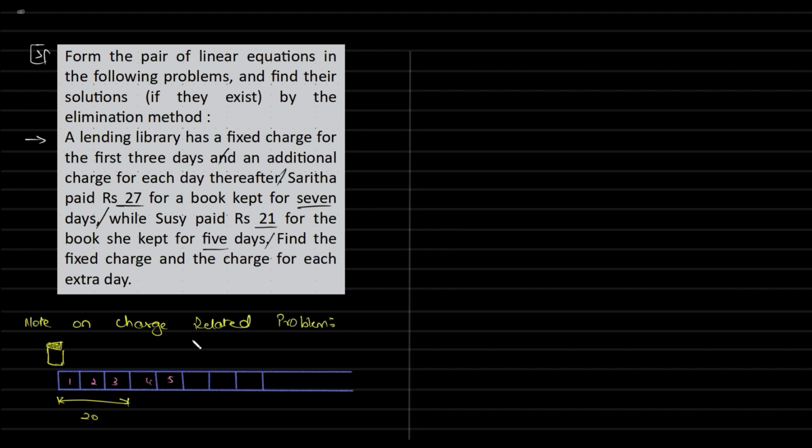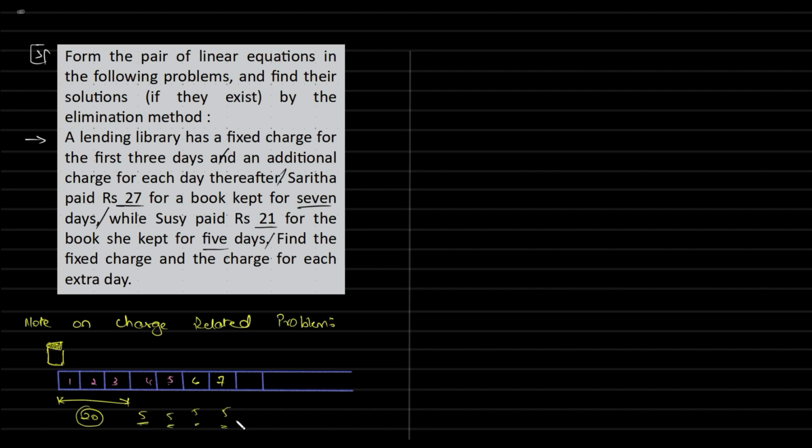After that you pay 3 or 4 rupees per day, like say 5 each day. If you keep it for 5 days, you'll be paying 30. Sixth day, 35. Seventh day, 40. So this is your fixed charge and this is the charge per day.